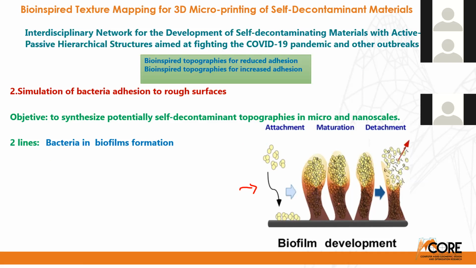Okay. So we believe that we can simulate also the interaction between the biofilm and the topography, because there are several things that happen that are different from the bacteria in planktonic state.